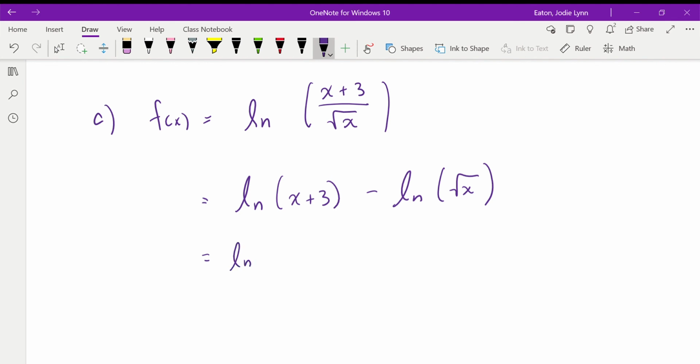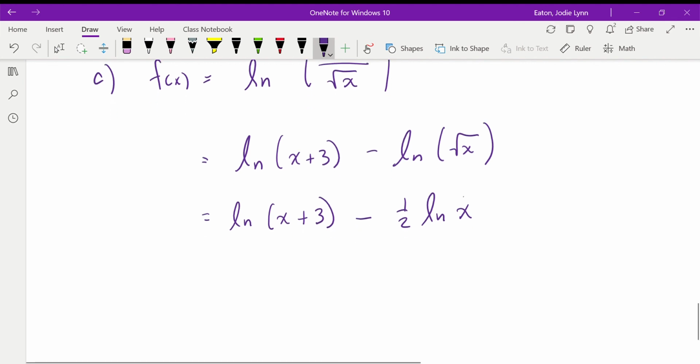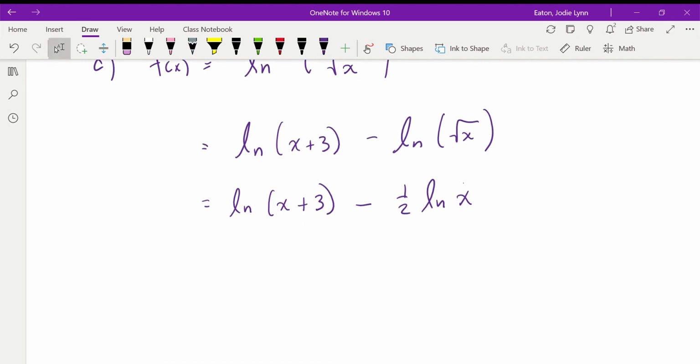So we can simplify that further using the power rule for logarithms. So we have ln of x plus 3 minus 1/2 times ln of x. And that's nice because multiplication by a constant doesn't affect derivatives in the same way that having a radical would, or having a power inside, because that would cause us to use the chain rule.